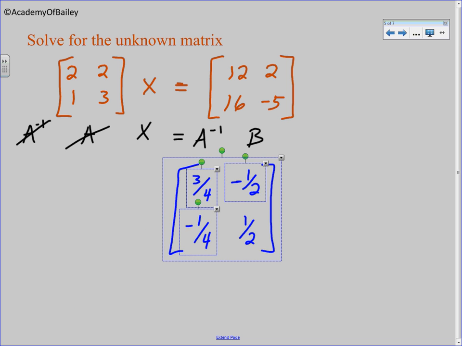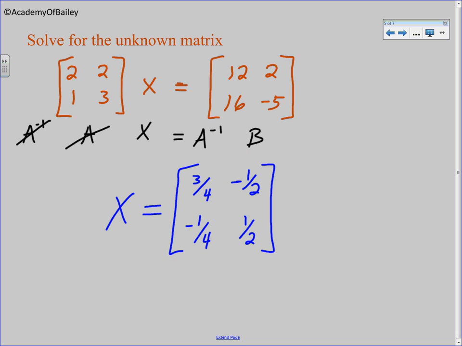So here's X, and what do we have here? 12, 2, 16, -5. And in order to find out what X is, we just multiply those two matrices.